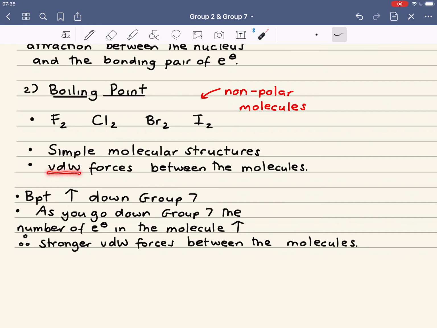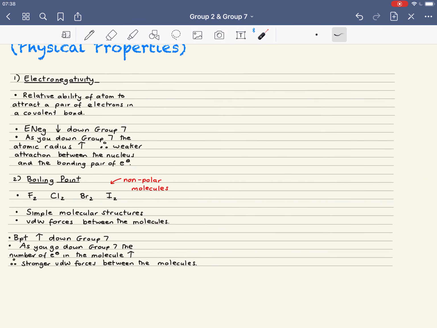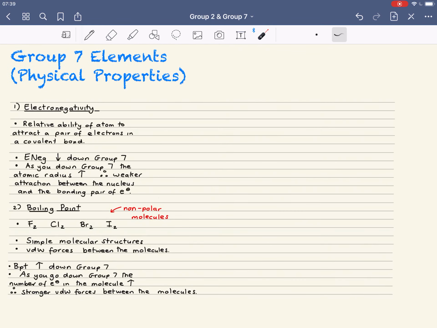They'll all have van der Waals forces. And then what affects the strength of van der Waals forces? In this case, as you go down the group, the number of electrons in the molecules increases, therefore stronger van der Waals forces. And that there are the physical properties of group 7 elements you need to be aware of.